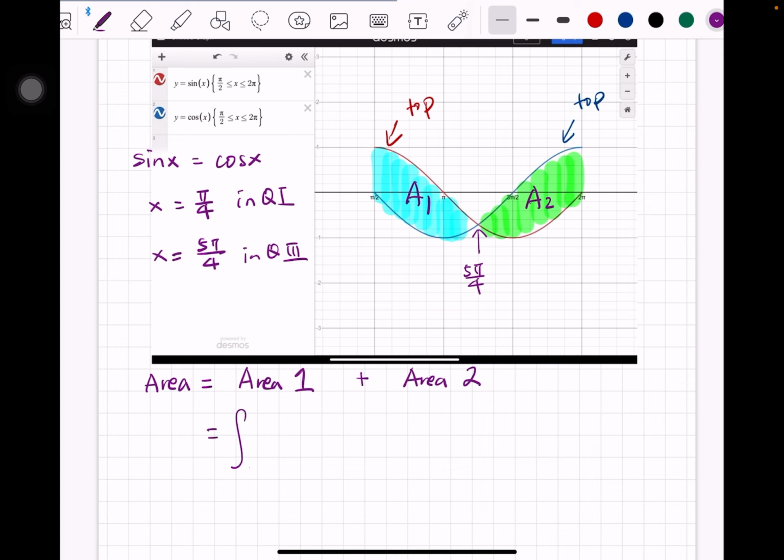For the first area, it's going to range from pi over 2 to 5 pi over 4, using the top function minus the bottom function, where the top function is sine of x and the bottom function is cosine of x. For the second area, it's going to range from 5 pi over 4 to 2 pi. The top function is going to be cosine of x, and the bottom function is going to be sine of x.